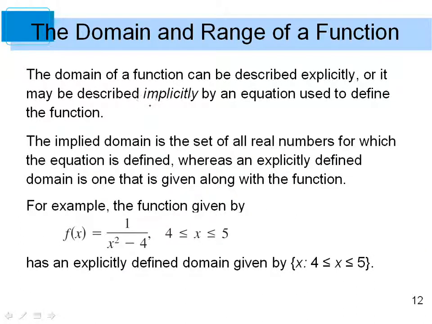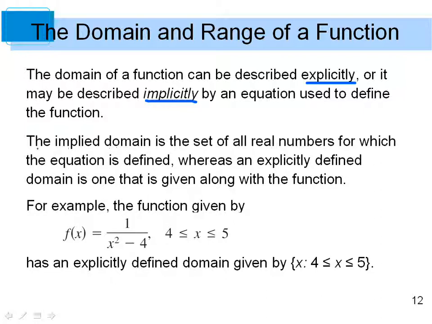We earlier talked about the word implicitly here, and it says the domain of a function can be described explicitly, or it may be described implicitly by an equation used to define the function. So what that means is we could either tell you exactly what the domain is, they could define it for you, or the equation maybe tells it to us by defining it through what type of equation we have.